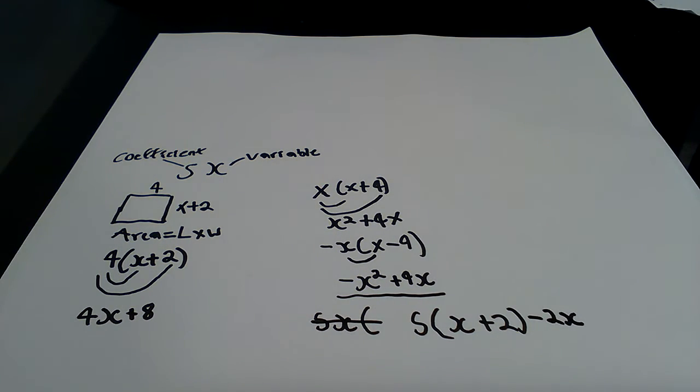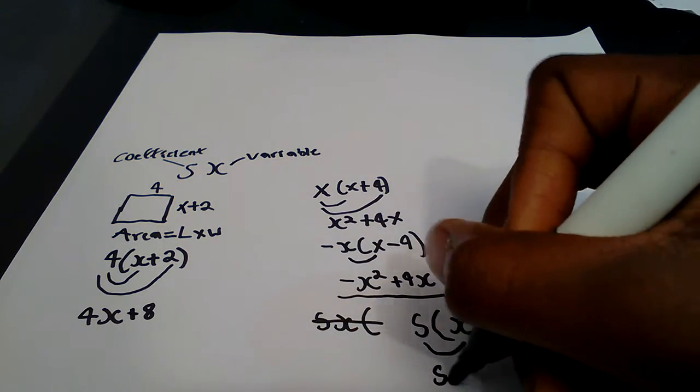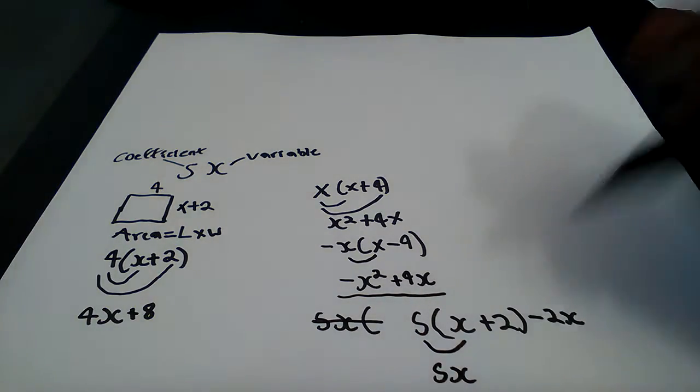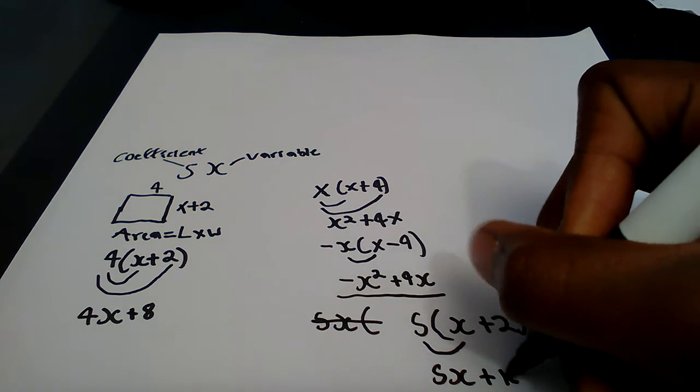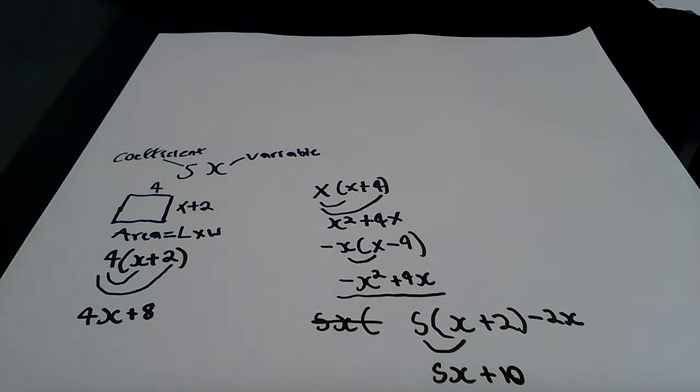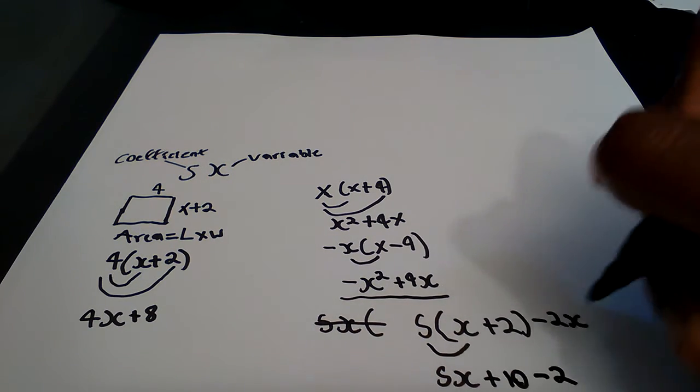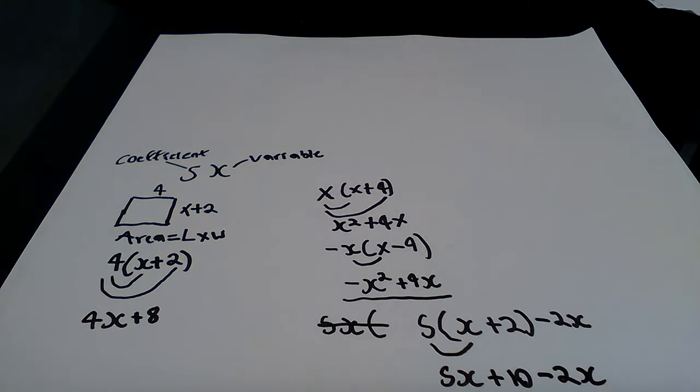How we're going to solve this is pretty much the same. We'll do 5 times x, which is 5x. Then 5 times positive 2 will be 10. And then we do minus 2x. Simple as that. As usual, the basics, coefficients; you just have to get used to it.